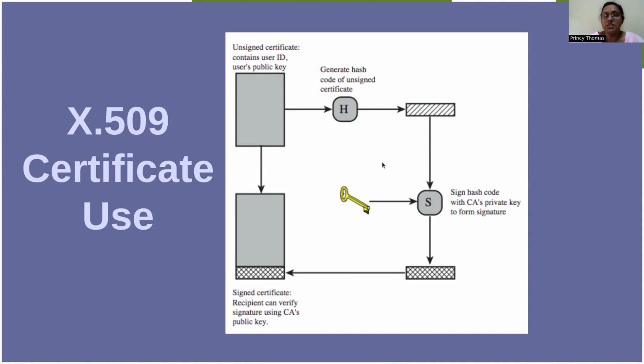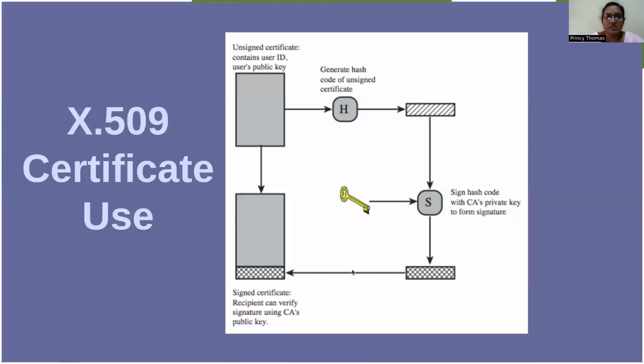So hashing and a digital signature are done, and the hash code signed with the certification authority's private key forms the signature. That value is then sent to the recipient as the signed certificate.